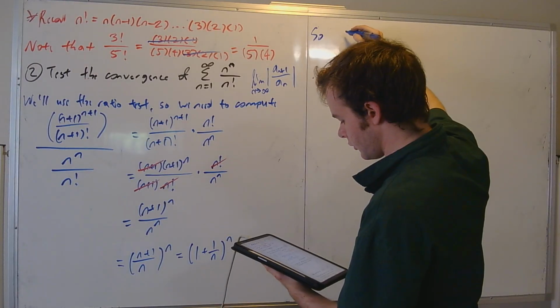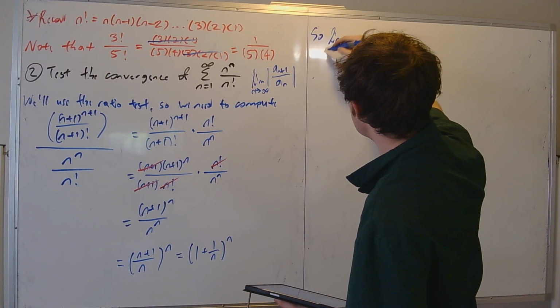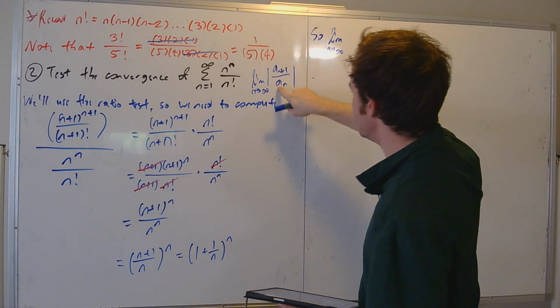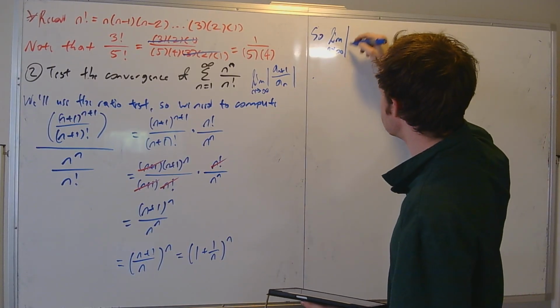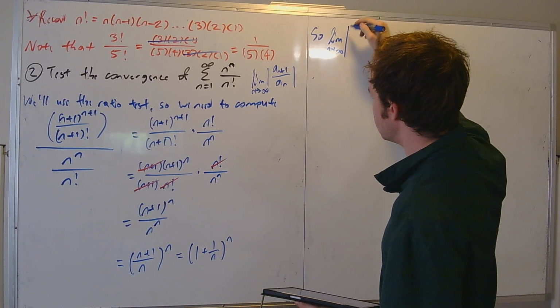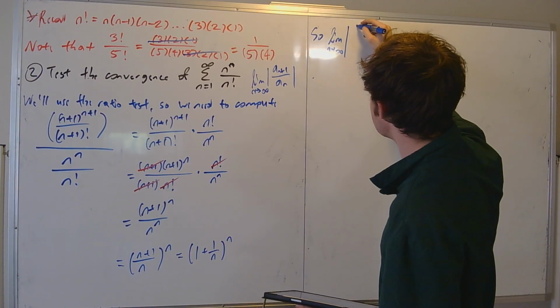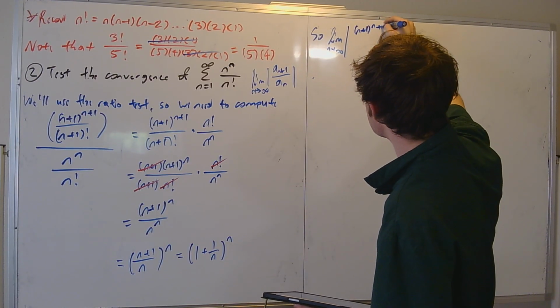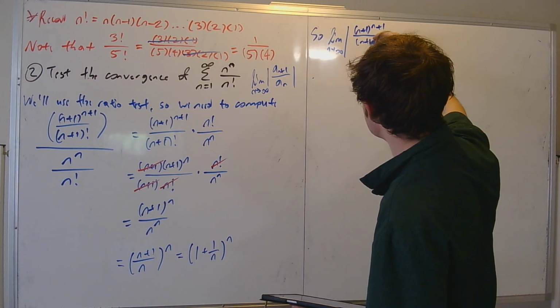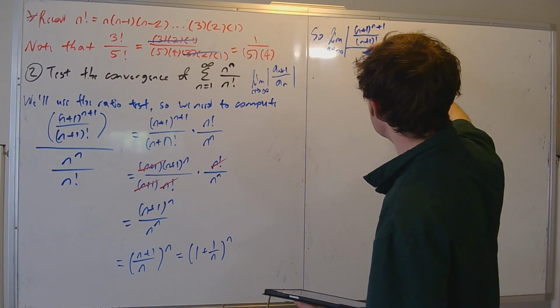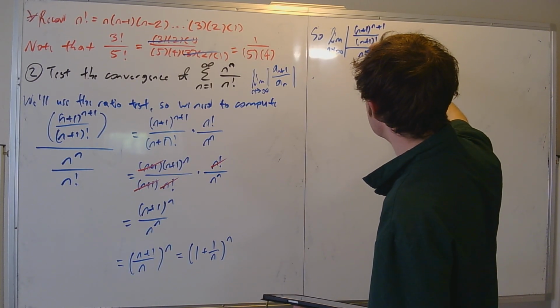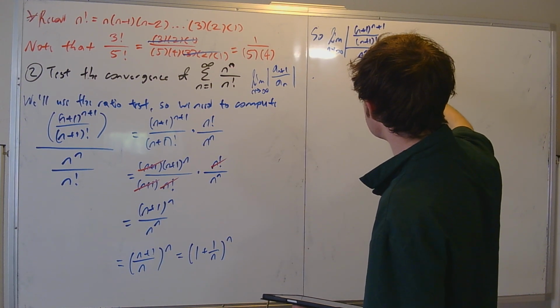Okay, so we can write here that the limit as n goes to infinity of the absolute value of a_(n+1) over a_n is the same thing as (n plus 1) to the n plus 1 over (n plus 1) factorial, all of this over n to the n over n factorial.